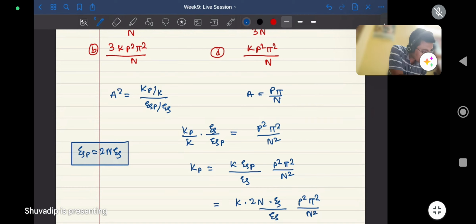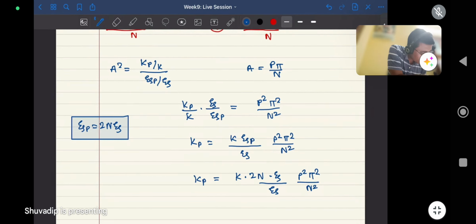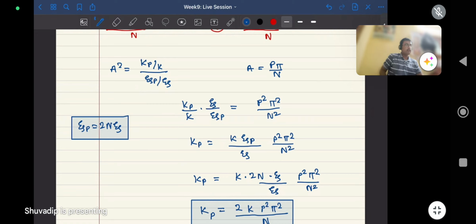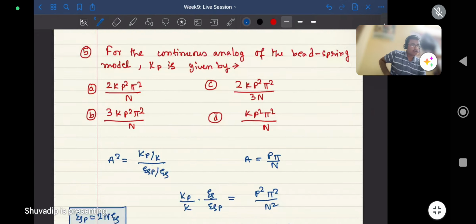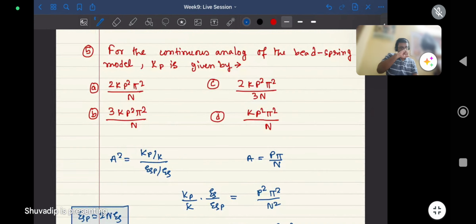There will be one cancellation and it will be 2k p squared pi squared by N. This is the kp. So the correct option in this case is the first one.